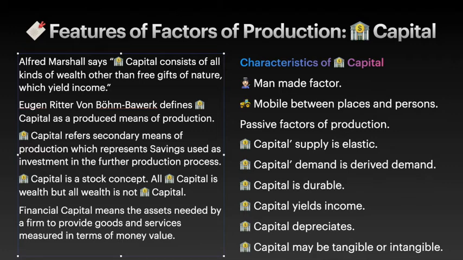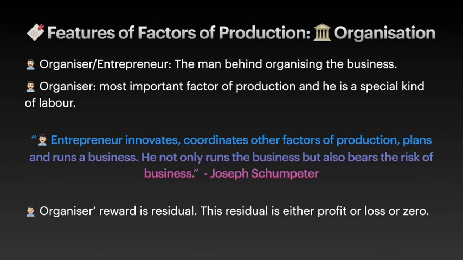Next, we move on to the final factor of production known as organization. An organizer or an entrepreneur is the man behind organizing the business. An organizer is the most important factor of production, and he is a special kind of labor.